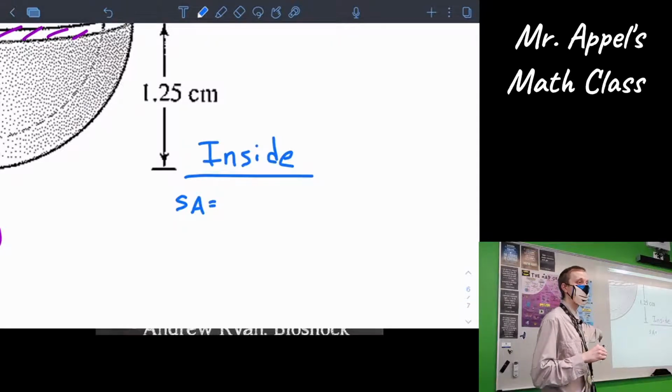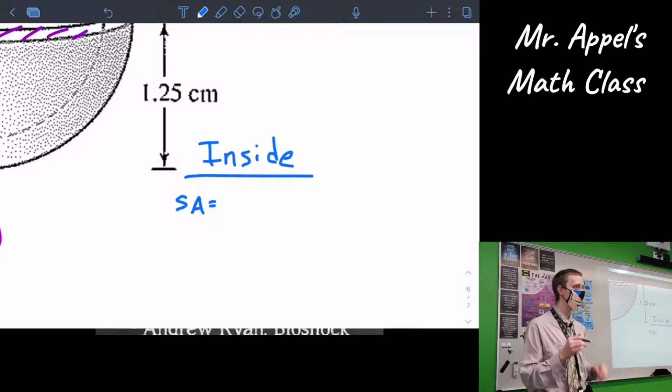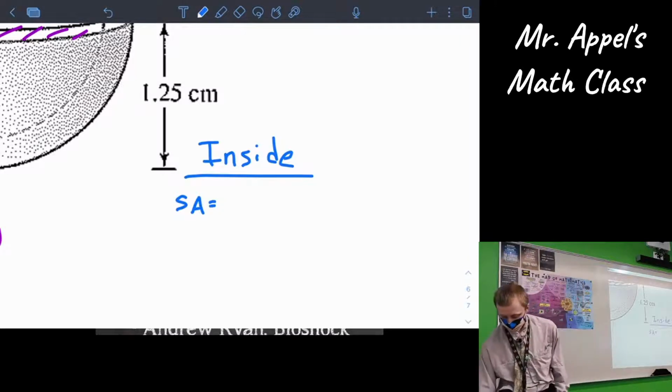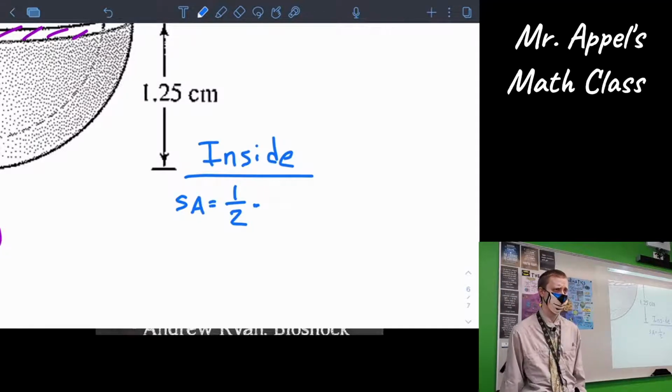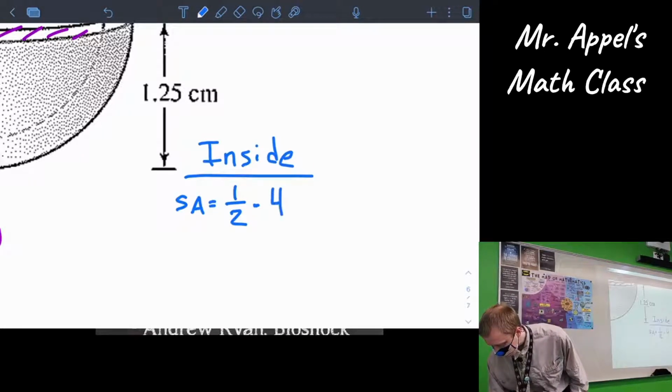We've already accounted for that. That's the top ring, the flat side. So we just want the round bit. Literally half a sphere. So 1/2 times the surface area of a sphere: four pi r squared. Excellent.